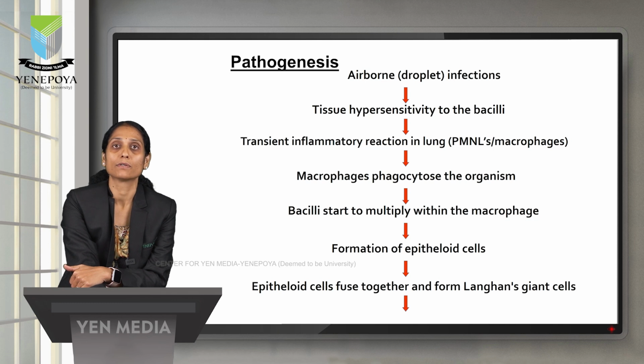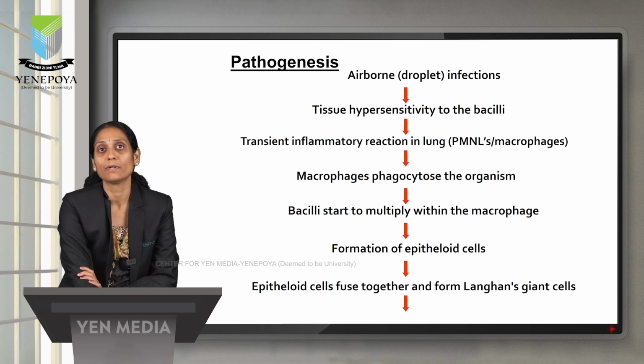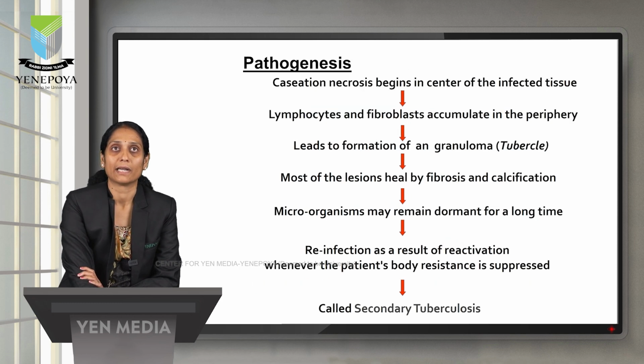This will cause the formation of epithelioid cells, and these epithelioid cells will fuse together to form a Langhans type of giant cell. Then in the center, caseation necrosis will start to form, and surrounding it, lymphocytes and fibroblasts accumulate in the periphery, leading to the formation of a granuloma, which is called a tubercle.